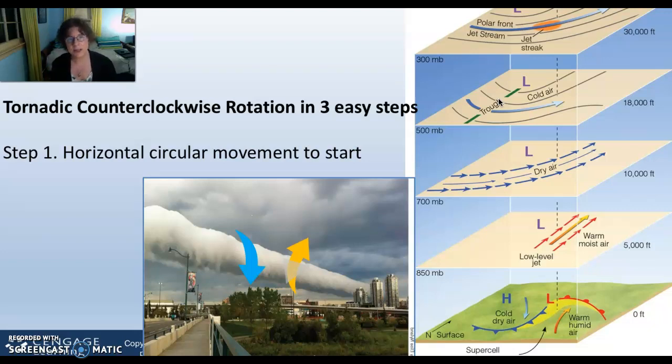Now, I've explained rotation to you, and I want to explain tornadic rotation from these clouds. So, tornadic rotation in 3 easy steps from a supercell and how that starts. Tornadic rotation is noted near the surface, and what you're seeing here is a cold, dry air mass that is coming down from the polar regions, and it has been forcibly lifted a bit, and it can come around and be supported underneath by the warm, humid air mass, which comes around as well.